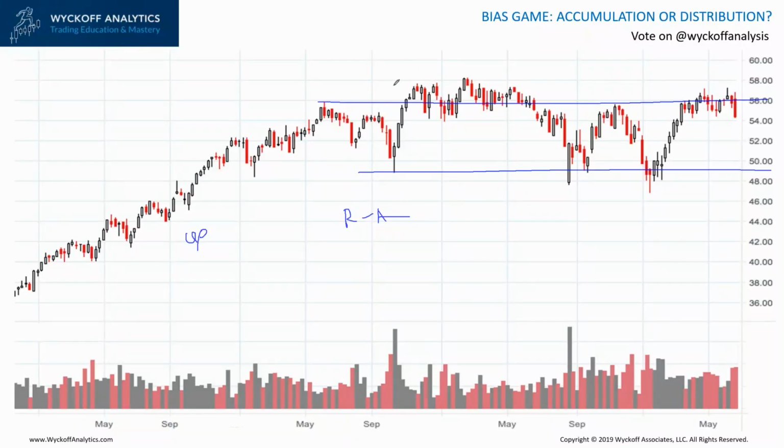It's because of how many closes we have here to the upside, and how many times we have progressive closes up, within the idea of the time being spent above the resistance.